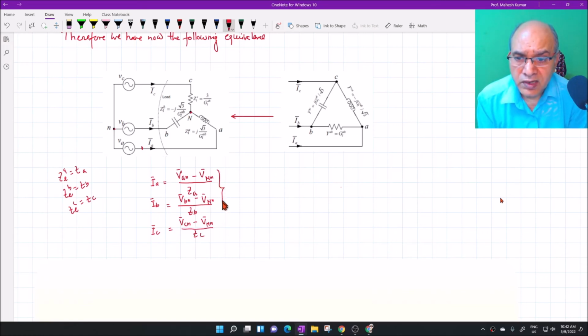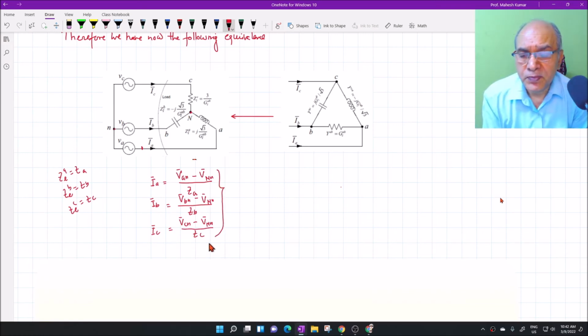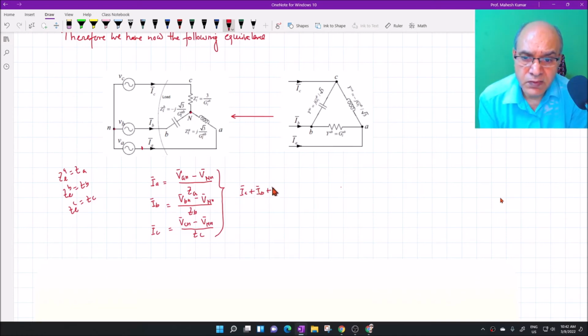And you know that this is a three-phase, three-wire system. Therefore, applying Kirchhoff's current law at this point N, we get IA plus IB plus IC must be equal to 0.